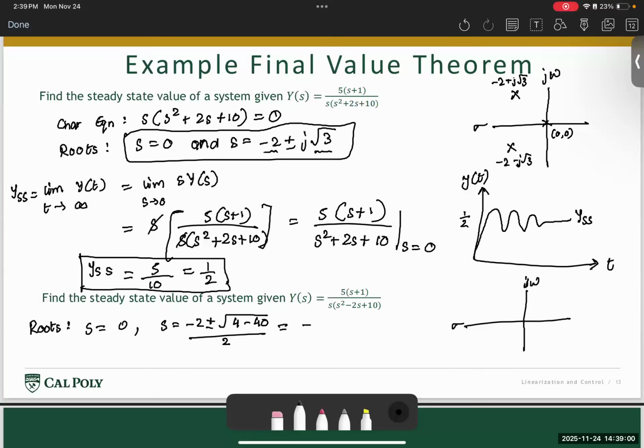This is negative 2 plus or minus the square root of negative 36 divided by 2.